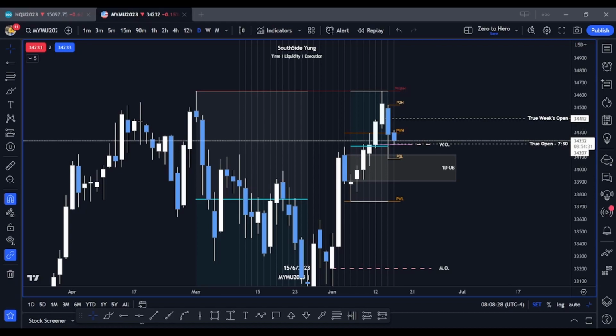Okay, so that could be for an inside day ranging environment, but is that going to tell you something on an intraday scale? How do you know you're ranging intraday?